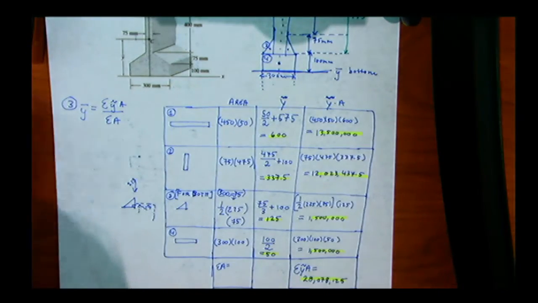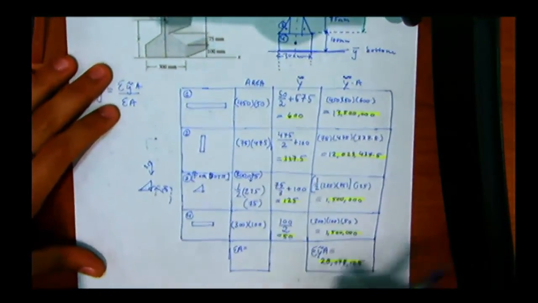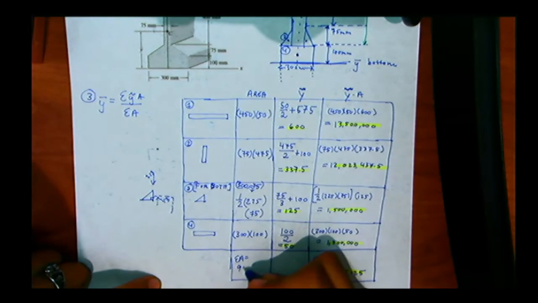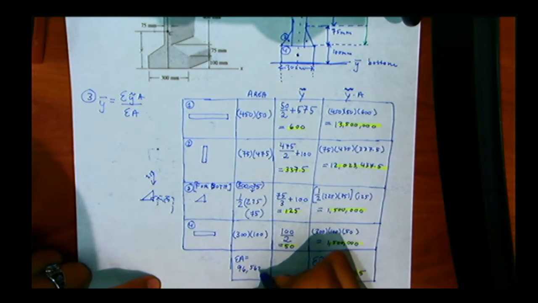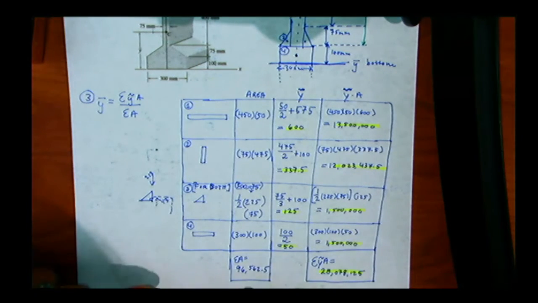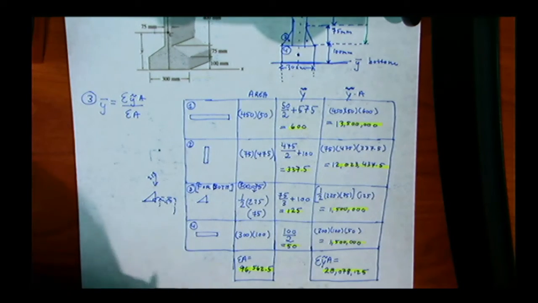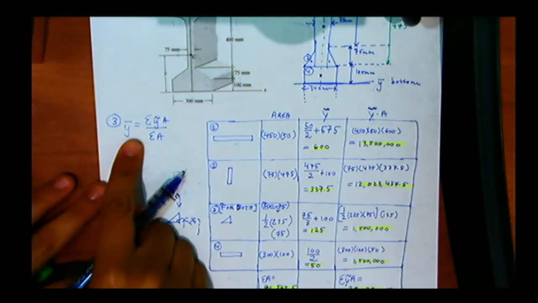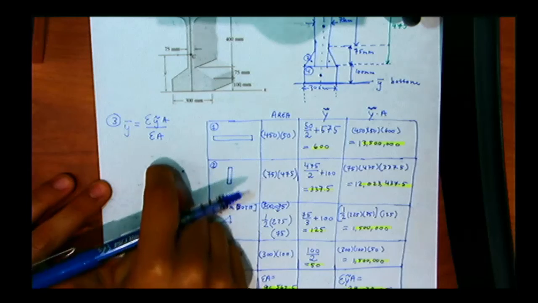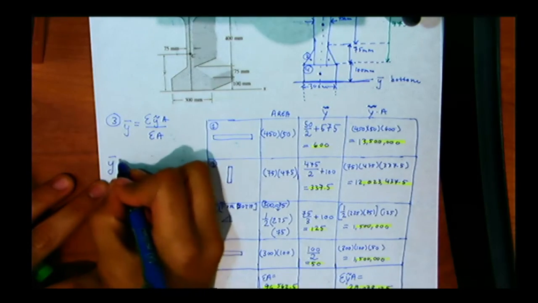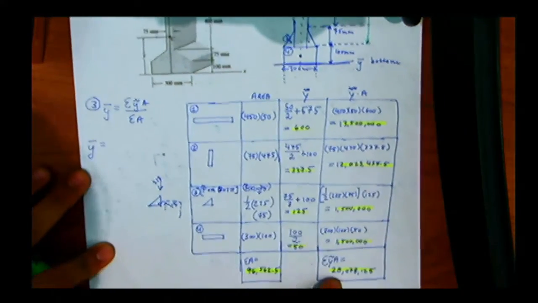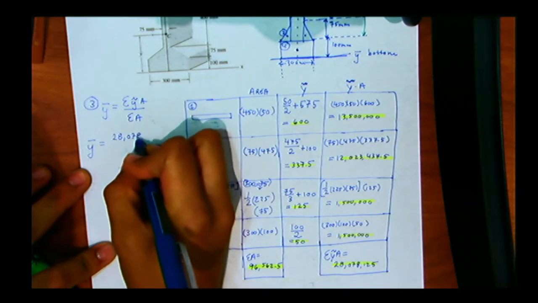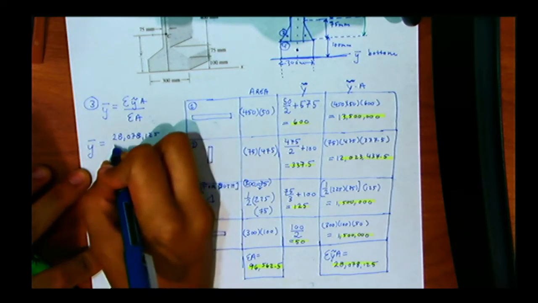All right, so now we can figure this out, right? We have the 2 parts for this. So our centroid is going to be this value divided by this value. It's going to give you 290.78 millimeters, or round it up.